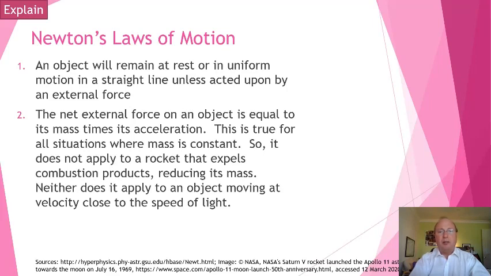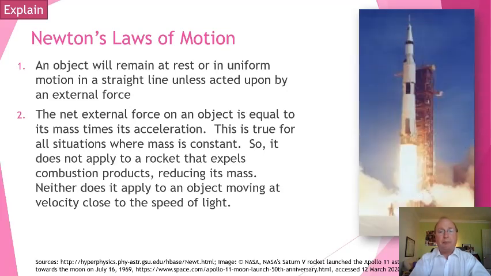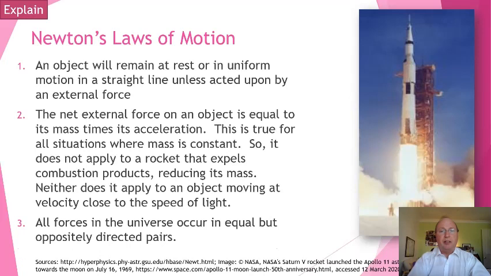Neither does it apply to an object moving at a velocity close to the speed of light. And so here's the rocket, and you can see the mass coming out as thrust and glowing hot gases. The third law of motion says that all forces in the universe occur in equal but oppositely directed pairs.